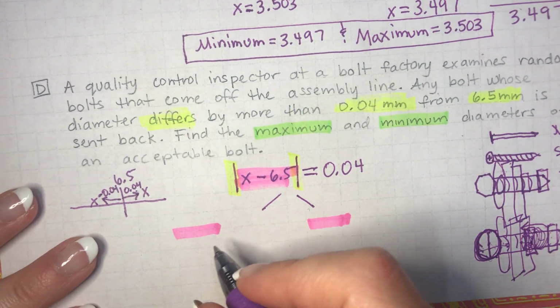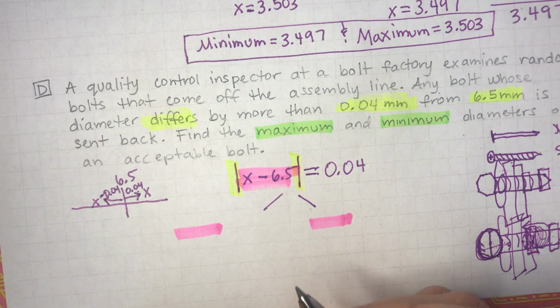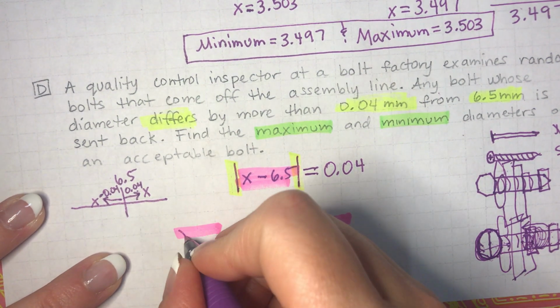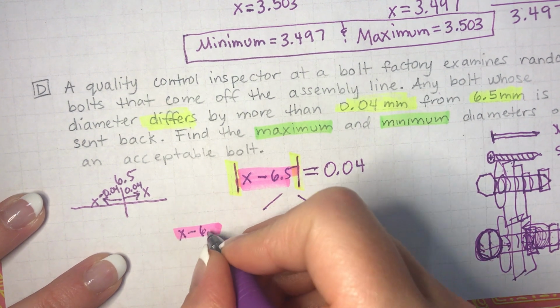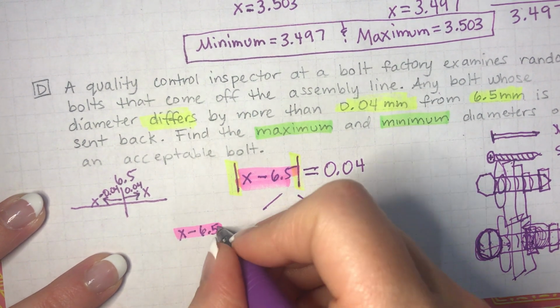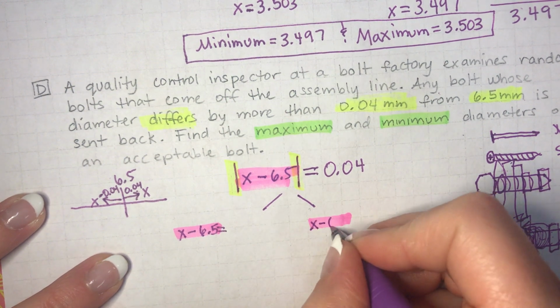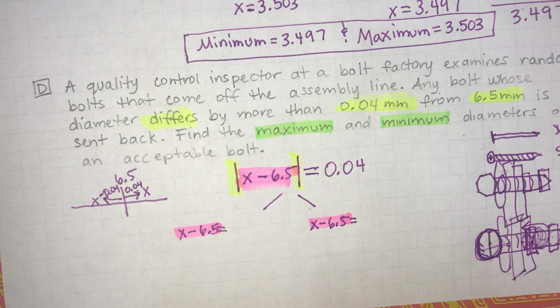I'm going to write on the highlight. Okay, so we write exactly this, x minus 6.5 equals there, and exactly the same thing over here, x minus 6.5 equals. It just feels weird. You have to try it on your own, then maybe you'll understand.